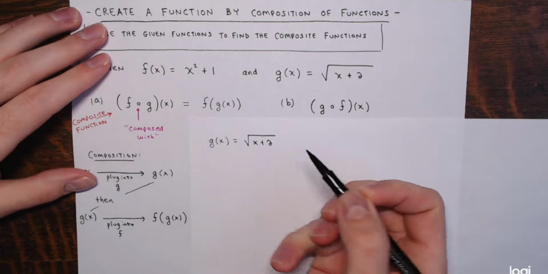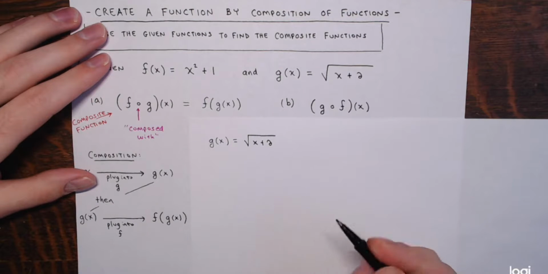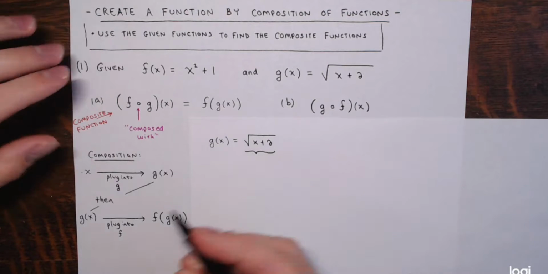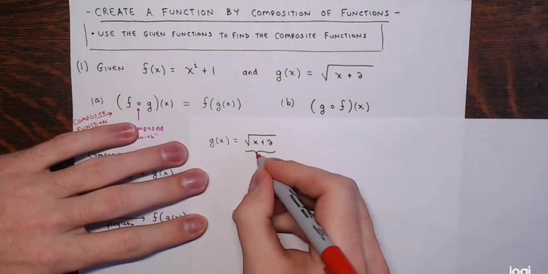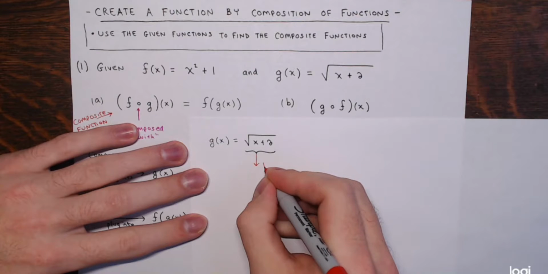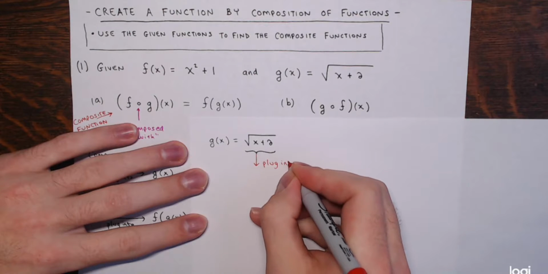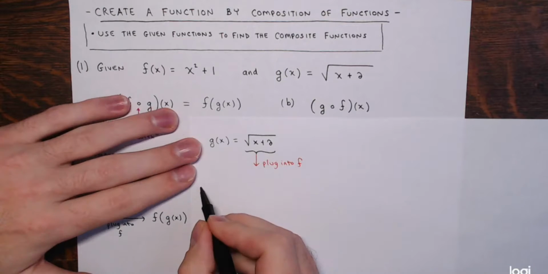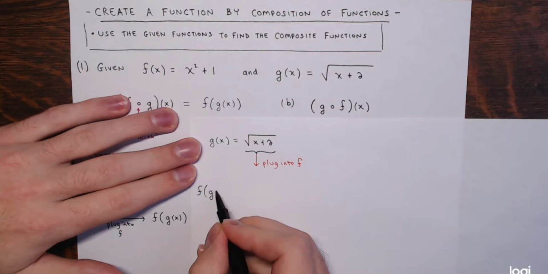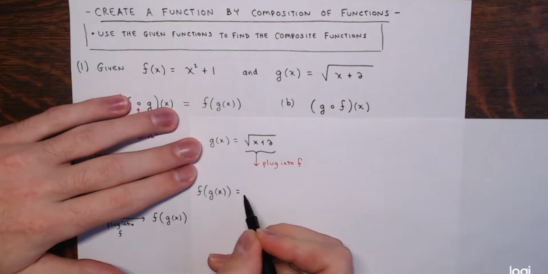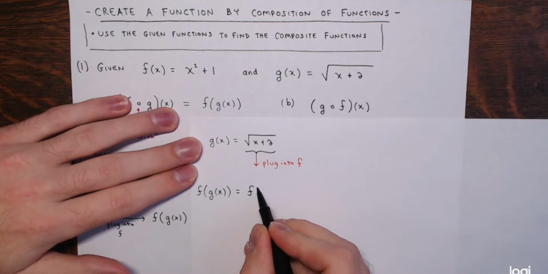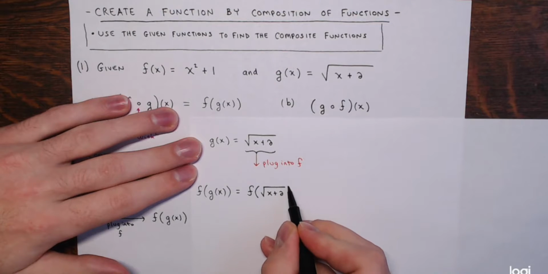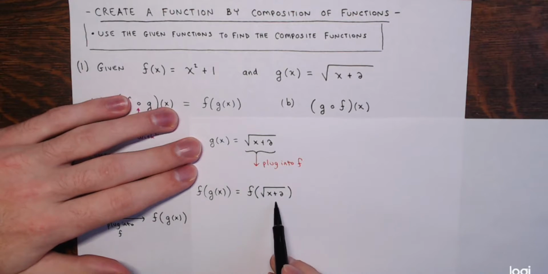And then I take this and put this into the next function over. Right? I take the square root of x plus 2 and I plug this into f. Right? And we get f of g of x, or f composed with g of x. This would be f of the square root of x plus 2. Right? Whatever g was becomes the input for f.